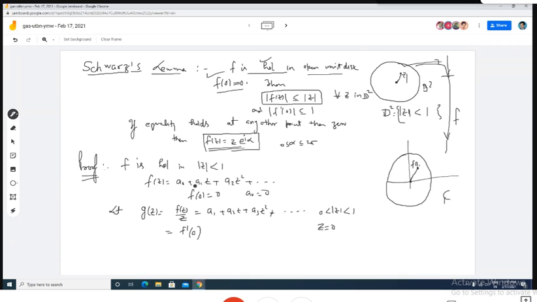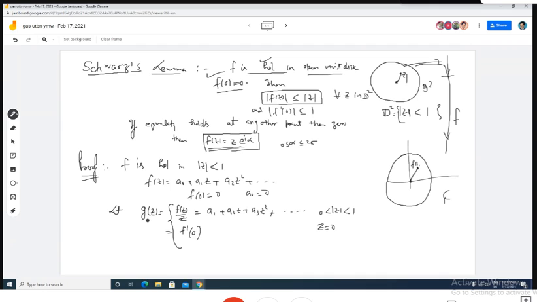If you differentiate, f dash z is simply a1. So at z equal to 0, its value is simply a1, and otherwise this is f(z) upon z, right?